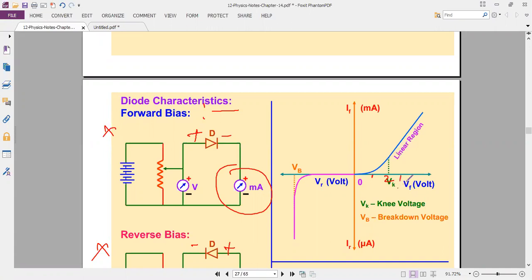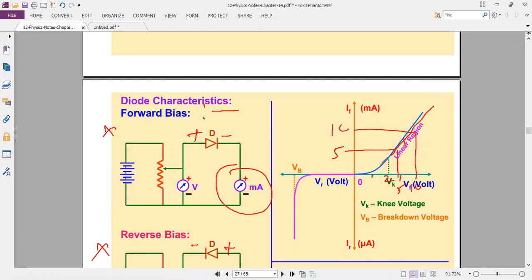After that there is no variation. For example, at 5 it is increasing linearly. Linearly means the same for the points in between. On the x-axis it is 5 and on the y-axis it is also 5. Next, this is 10 and this is also 10. So like that, it is linearly increasing.